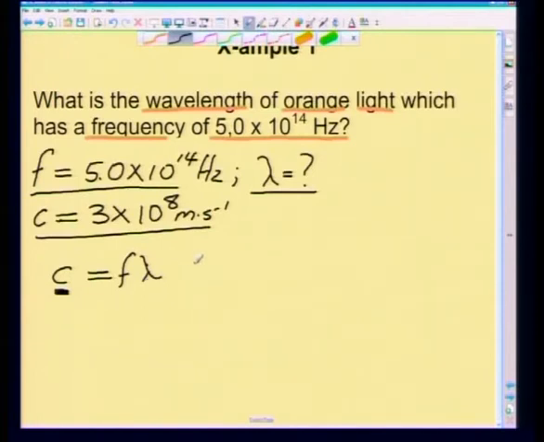Like I always say, remember, we are also practicing for the exam. You are not going to try and fiddle with this formula to find out what lambda is. Although that is not actually forbidden, you would know that lambda is equal to C over frequency from this equation here.